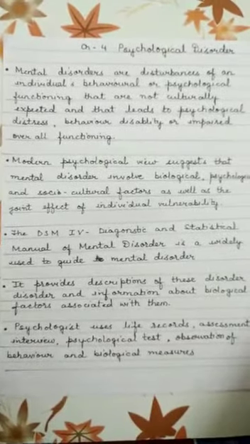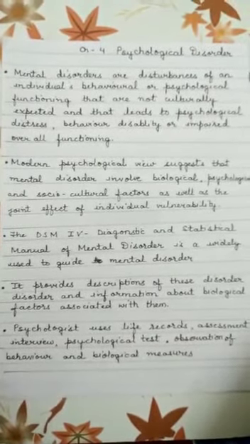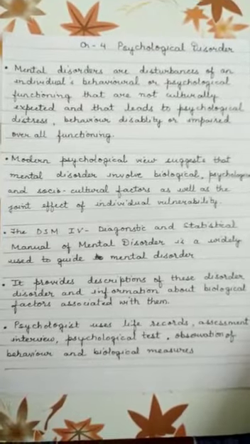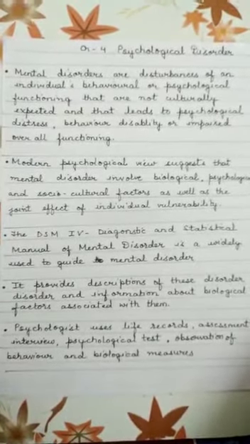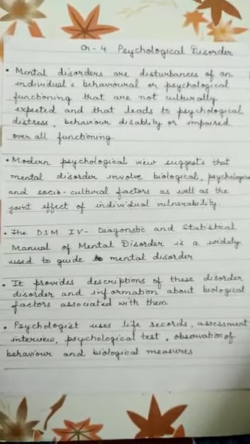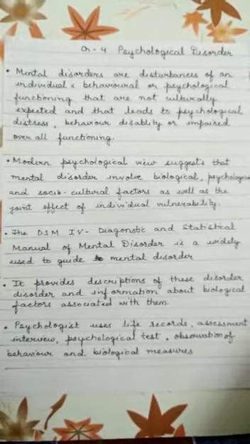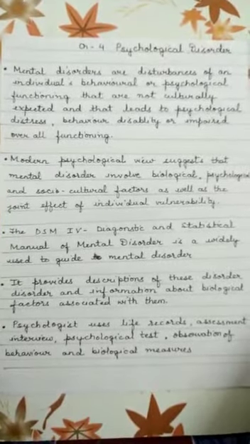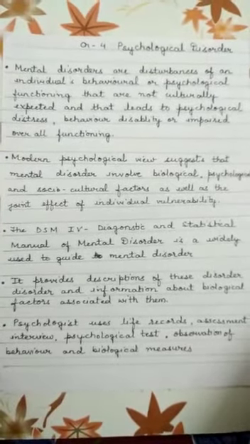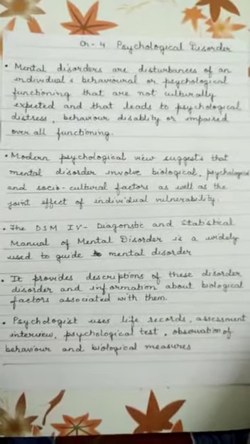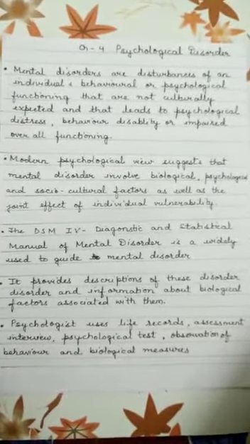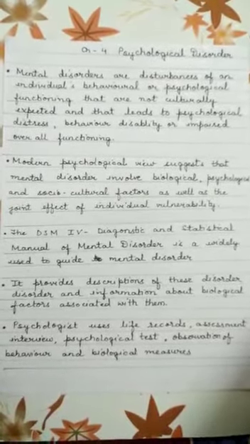And secondly, in this chapter, we are going to discuss the modern psychological view. It often suggests that mental disorders involve biological, psychological, and socio-cultural factors as well as the joint effect of individual vulnerability. Many psychologists have developed DSM-4. It means Diagnostic and Statistical Manual of Mental Disorders, which is widely used to guide diagnosis of mental disorders.